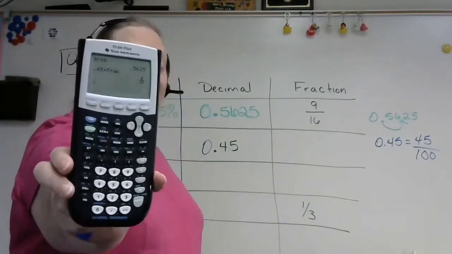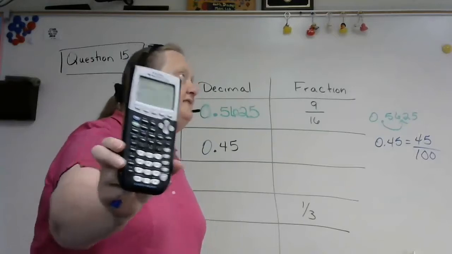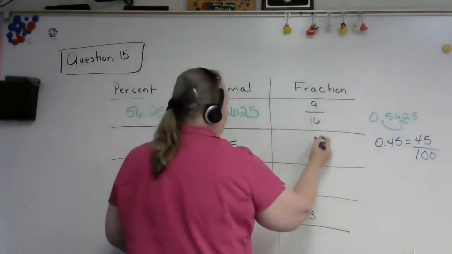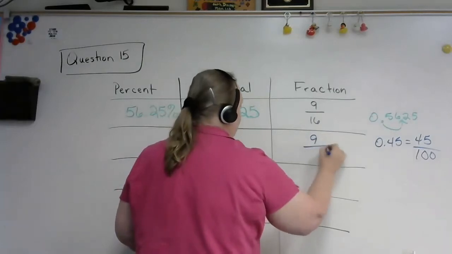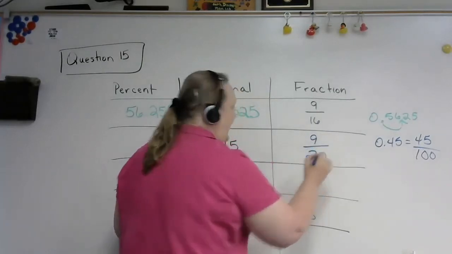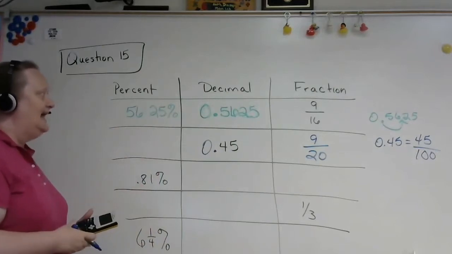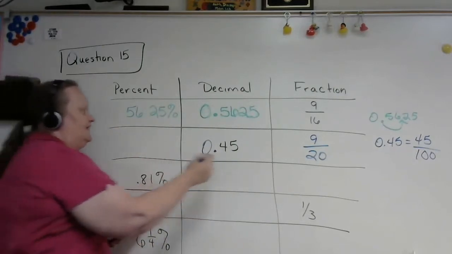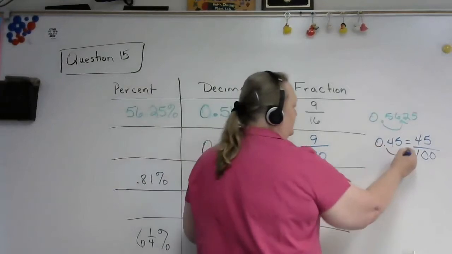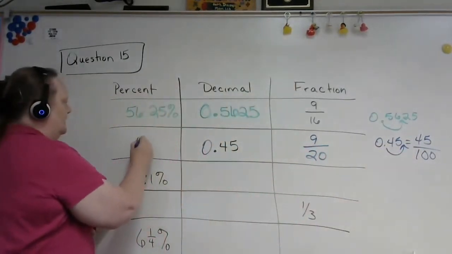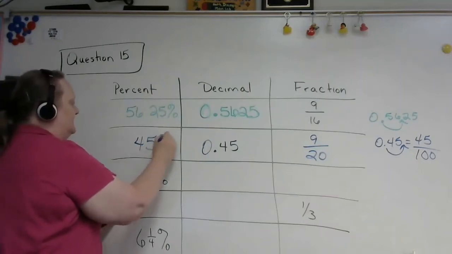In this case, 5 goes into both of those. 5 goes into 45 9 times, and 5 goes into 100 20 times. So that gives me 9/20. Then to write it as a percent, I would move the decimal 2 places, 1, 2, and that would give me 45%.